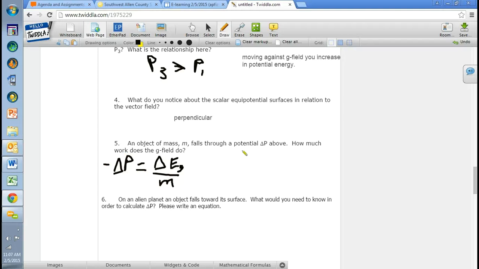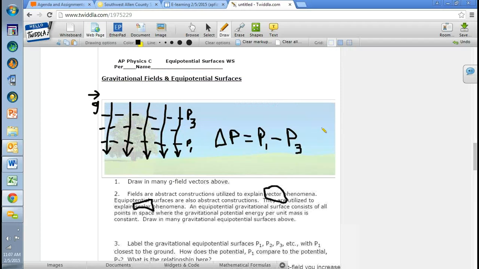The force of gravity is down when the rock's falling, and it moves downward, distance D. So the work gravity is doing is positive. The force is down, the displacement's down, it's doing positive work. If you push something across the floor and your force is to the left and the displacement's to the left, you're doing positive work. Does that make sense?